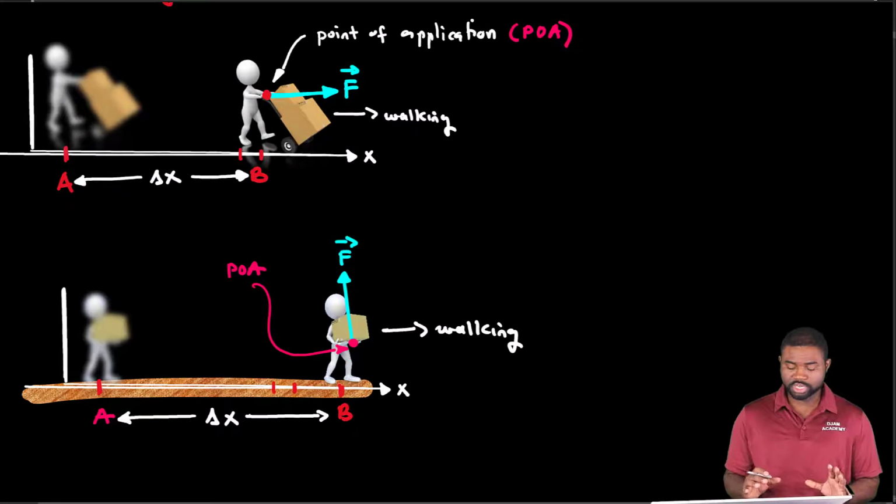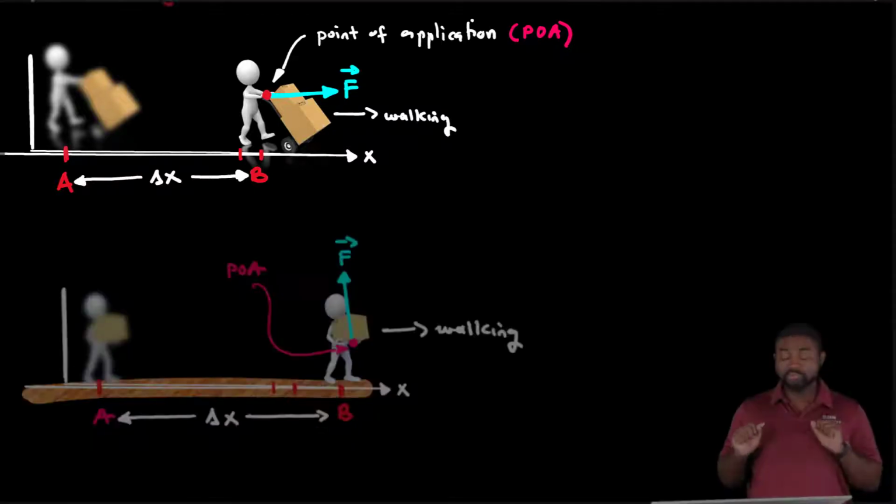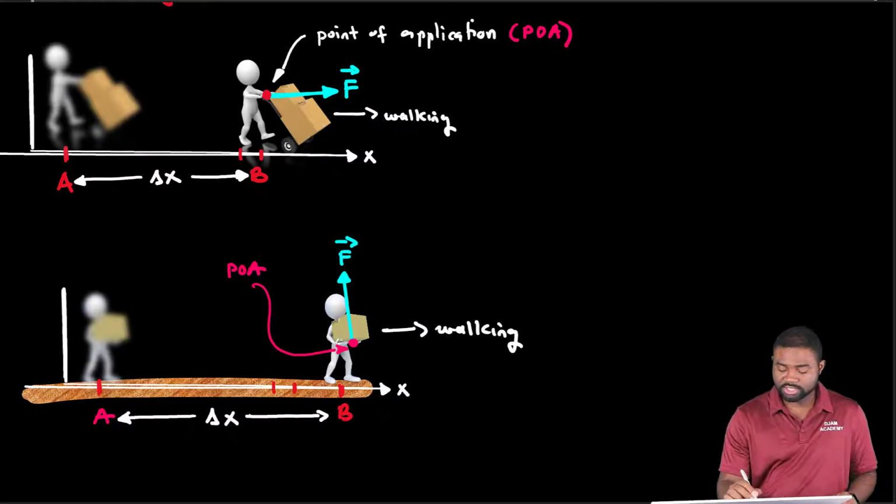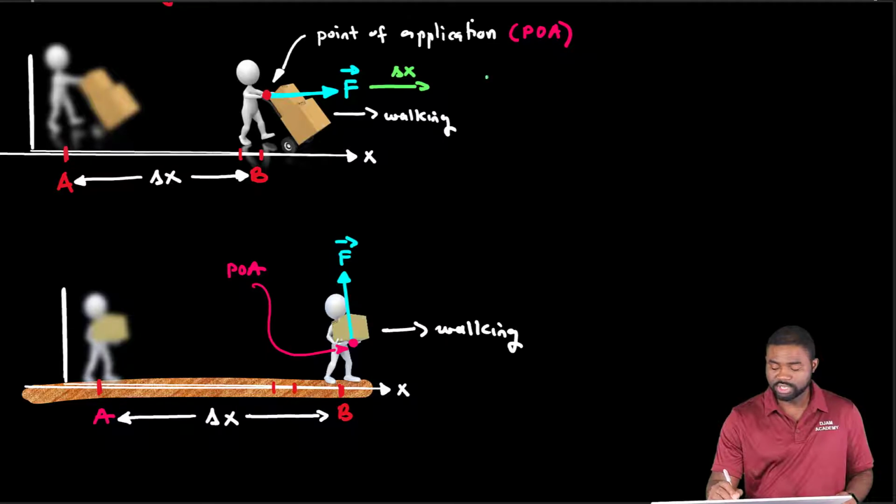Let's suppose that the object moves in the same direction as the force. Like in this case, somebody is pushing boxes forward and exerting a force forward. You can clearly see that this is the direction of displacement, delta x, and this is the direction of force. This means that theta is equal to 0.